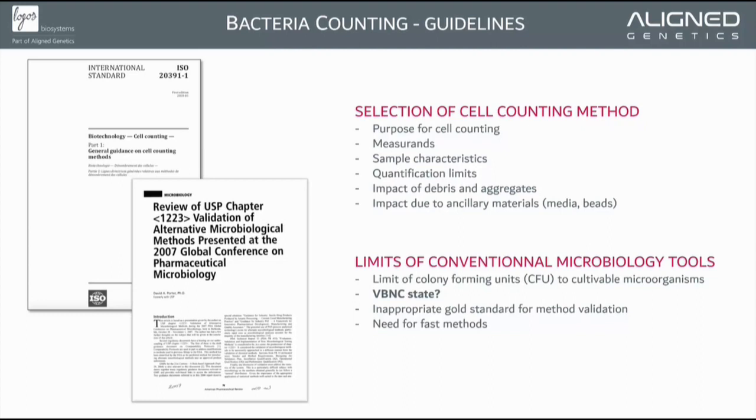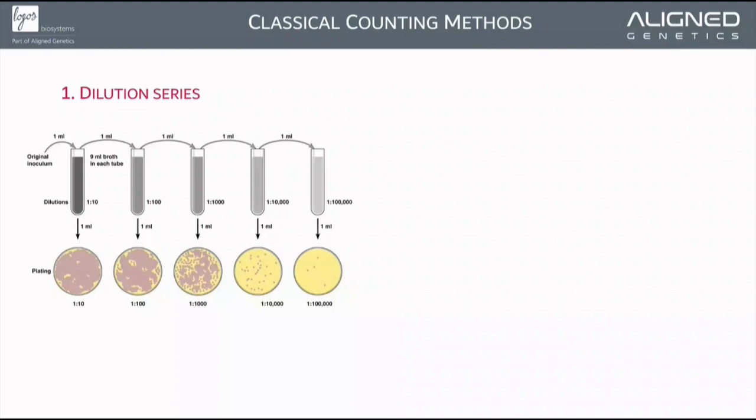Nevertheless, let's have a look at existing methods to count bacteria. The dilution method typically includes a colony counting approach. The dilution method for bacteria counting involves making a series of diluted samples from the original bacterial suspension, and then plating the diluted samples on solid growth media to enumerate the number of bacteria.